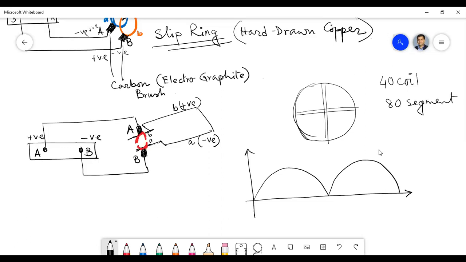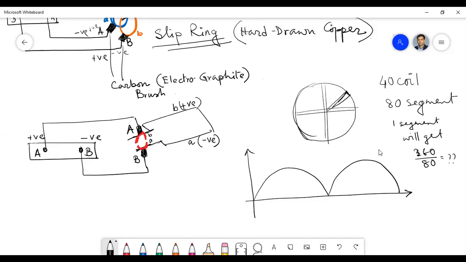So one segment will get 360 divided by 80, this much angle only.